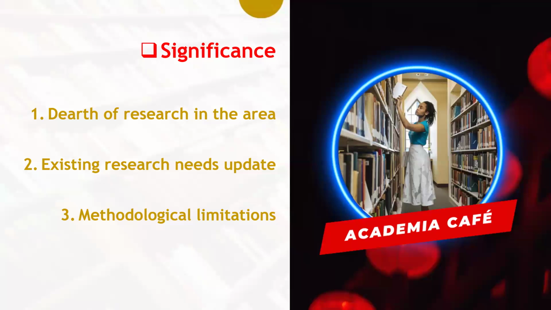Another way you might want to present your argument is that the existing research has methodological limitations. Now, this is a pretty technical route to tread. And if you are to tread this route, be sure you have a pretty solid understanding of research designs.